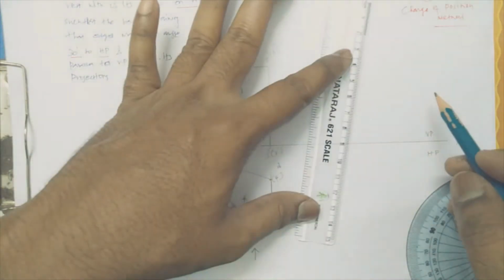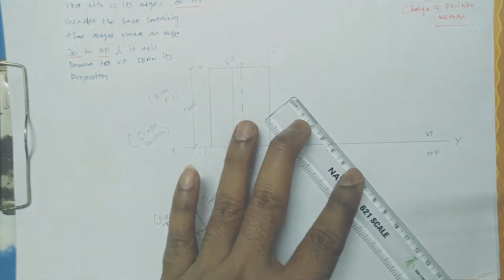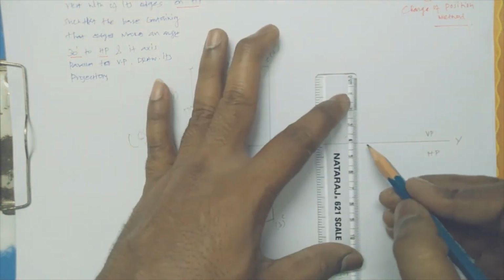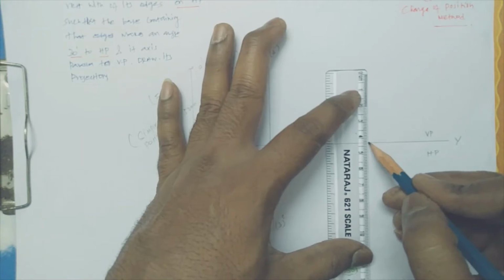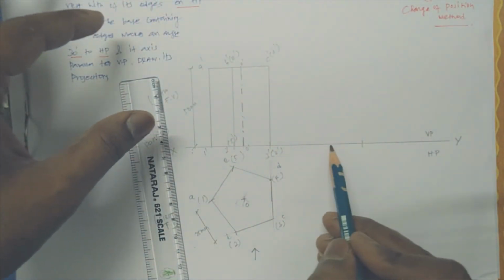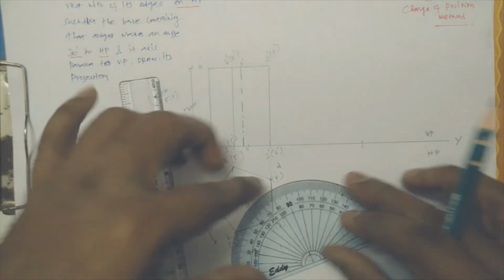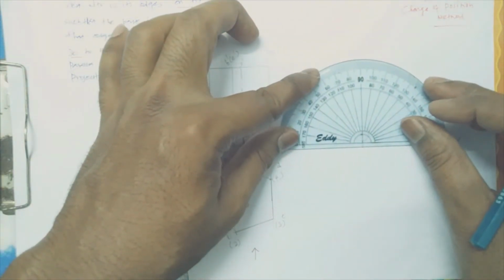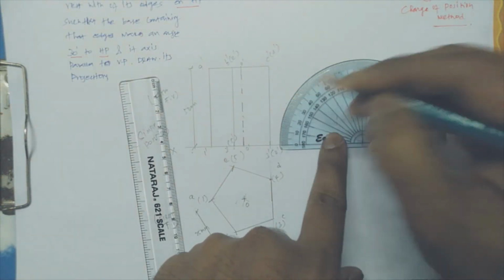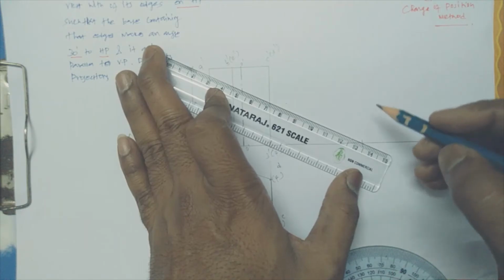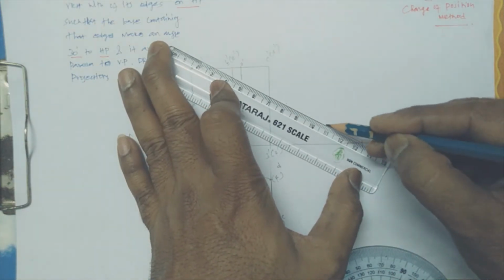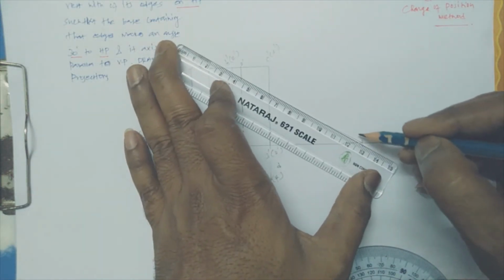For that, you just make a 30 degree angular line and keep any one as a reference. Let it be here is a one. This distance and this distance is an assumption, any convenient distance. So it's supposed to be 30 degree. Let me fix here and let me mark here for 30 degree. Let me draw for only 30 degree, 25 mm or relatively.